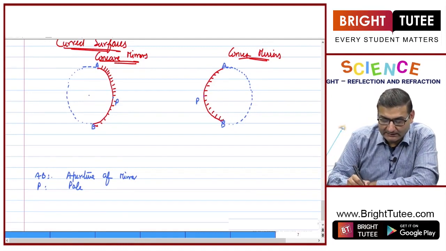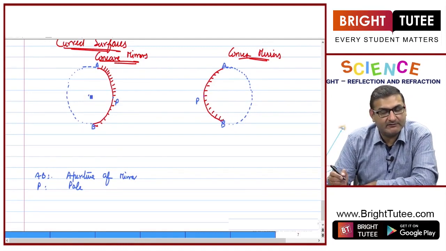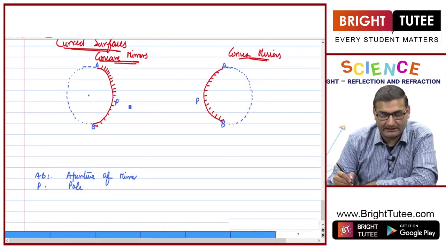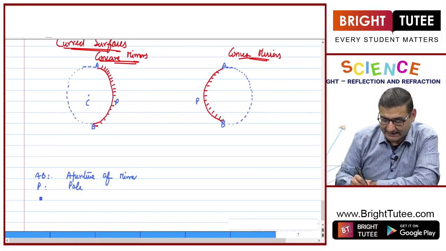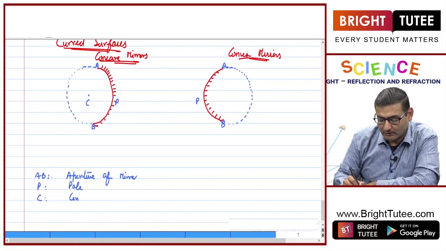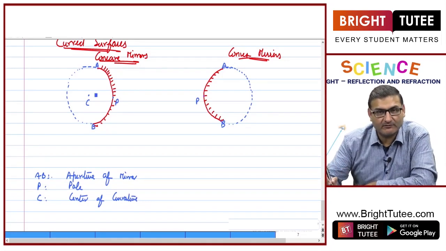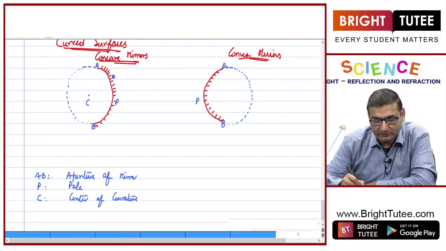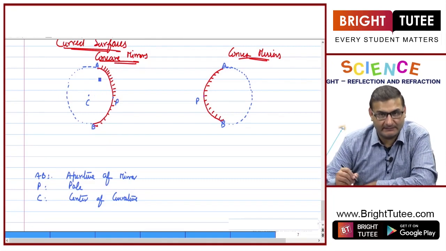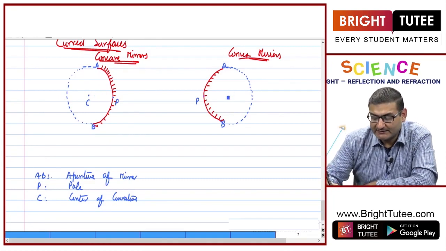Now the center of that imaginary hollow sphere of which this mirror was a part is represented as capital C, and this is called the center of curvature. Importantly, the center of curvature is not a part of the reflecting surface of the mirror, right? Similarly, this is the center of curvature for convex mirrors.